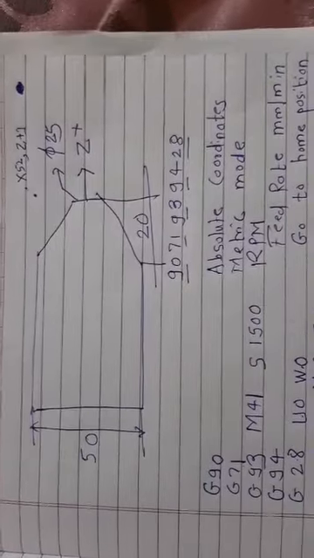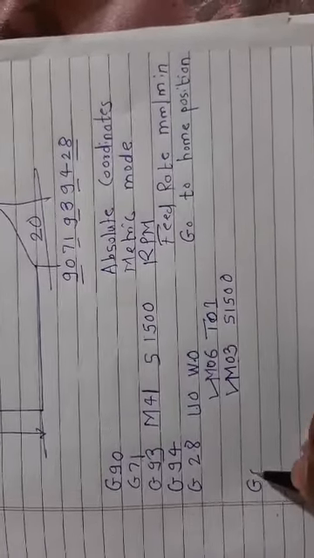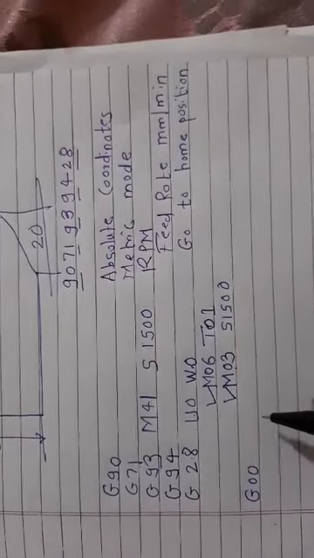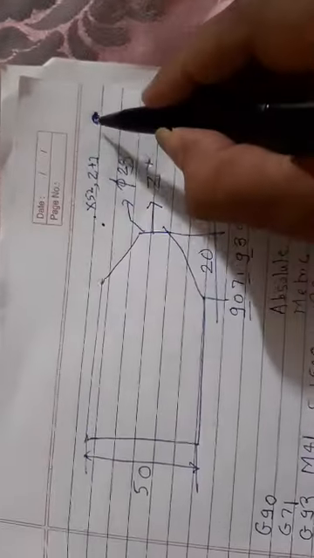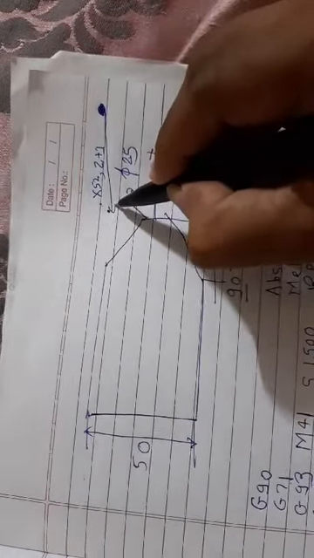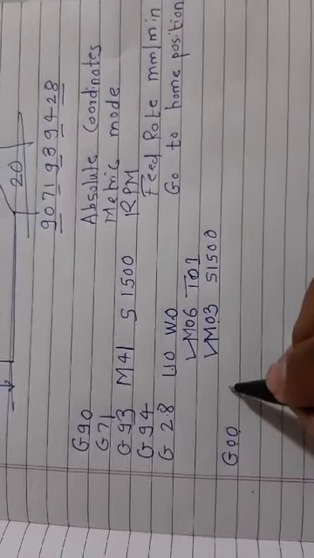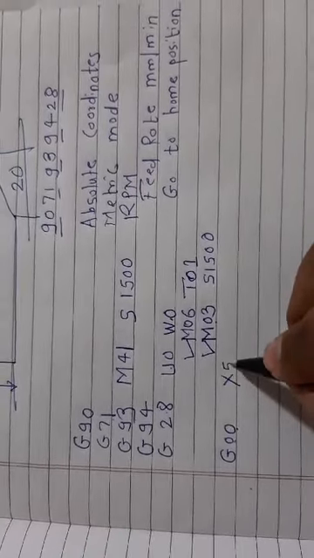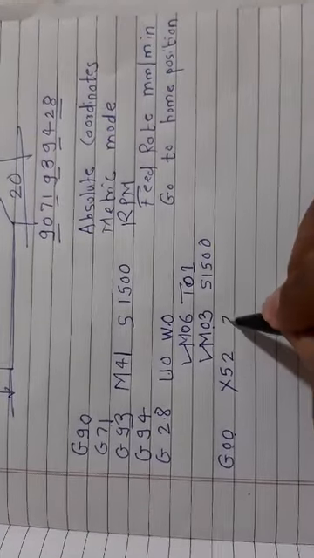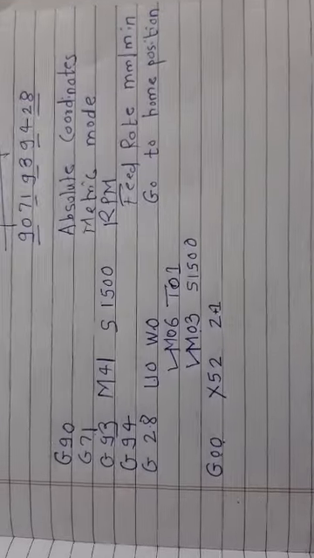For moving the tool randomly, we have a G code, that is G00. So G00 is used for moving the tool from this position to this position. I will write G00, and here I will write coordinate x52 and coordinate z1, or you can write z+1.